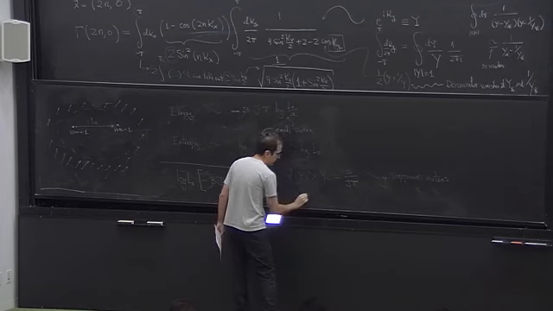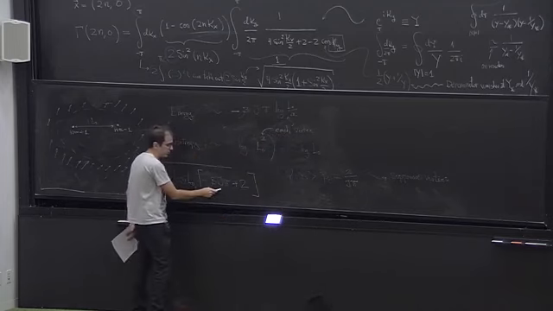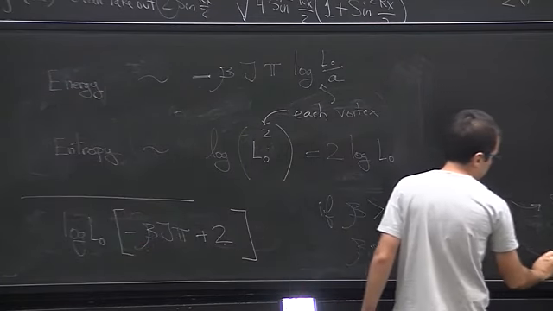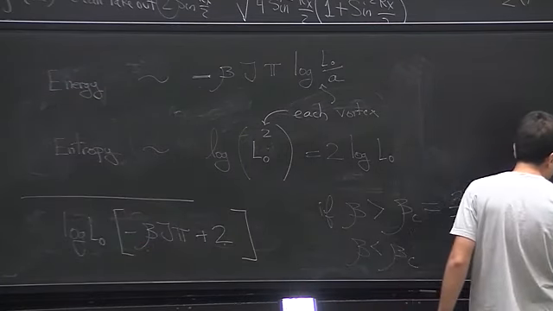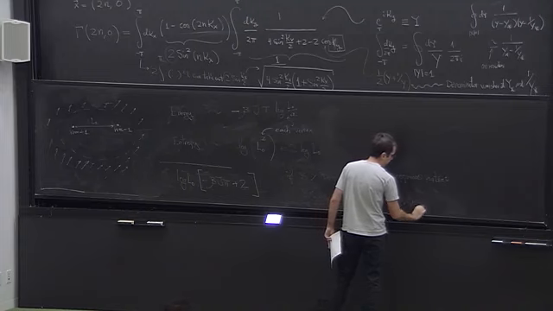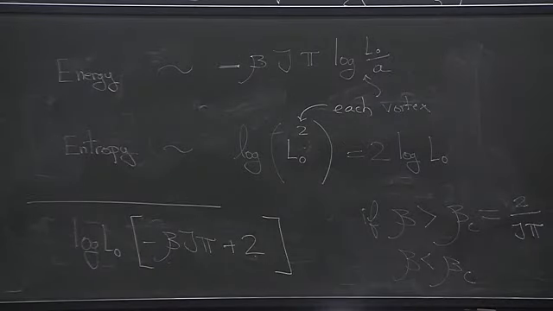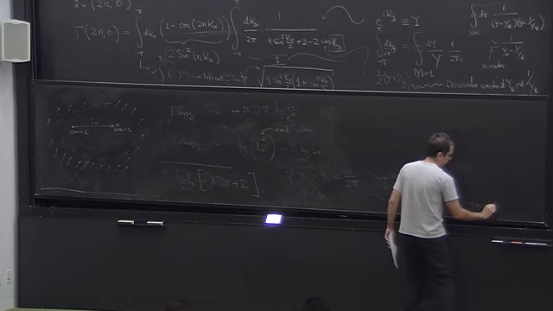But if beta is smaller than beta critical, then the energy is not so strong and the entropy wins, and we expect to have a gas of vortices.